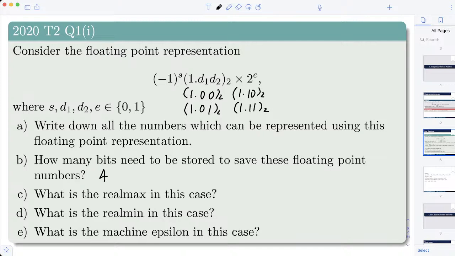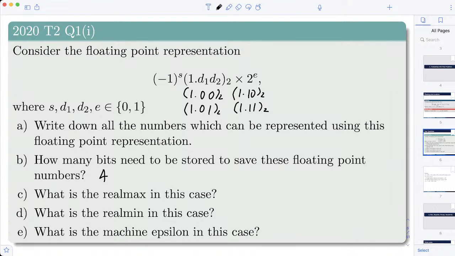So what we can do is find the decimal representation of these binary numbers over here, and then multiply them by 2 and then add a plus minus sign in front of all of them. And that's all the numbers that you can represent using this. The nice thing about converting between binary and decimal is that if you're really familiar with it, you can probably already recognize what these are.